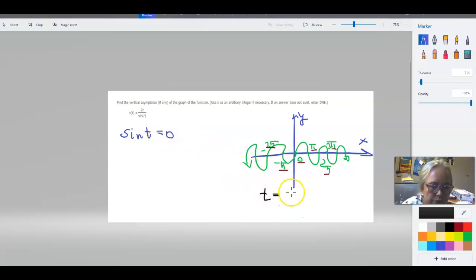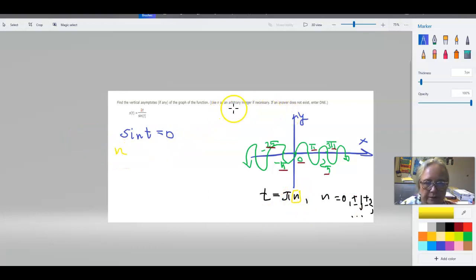So the solution will be pi times n, where n is an integer, 0, plus minus 1, plus minus 2 and so on. It continues. But be careful here with the n, because if n is 0 and you have a question what happens, use n as an arbitrary integer if necessary.